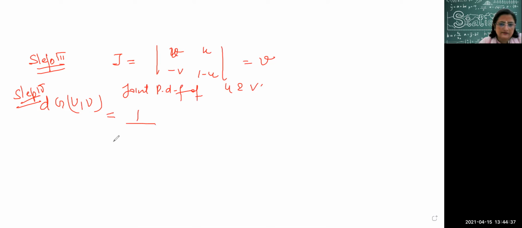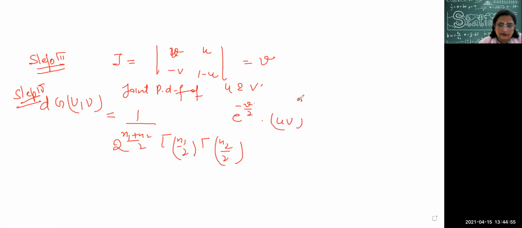This is the same as 1 by 2 raised to power n1 plus n2 by 2, gamma n1 by 2, gamma n2 by 2, e raised to power minus v by 2 into u v raised to power n1 by 2 minus 1, 1 minus u, I am putting the value of x2 here, raised to power n2 by 2 minus 1, into Jacobian of transformation v, into du dv.